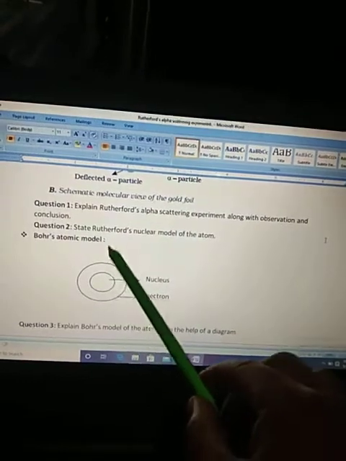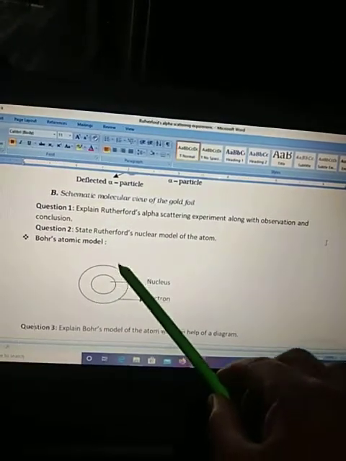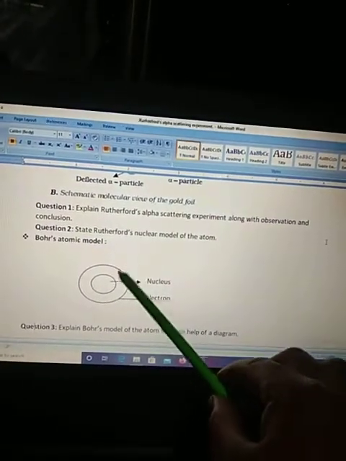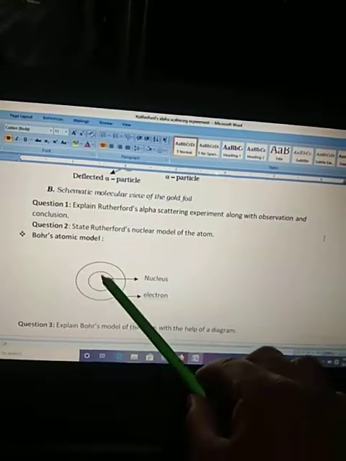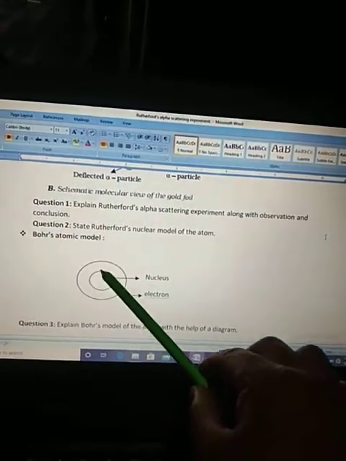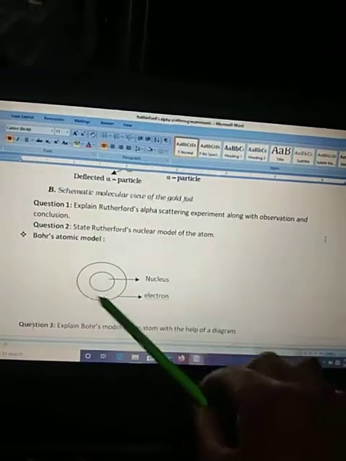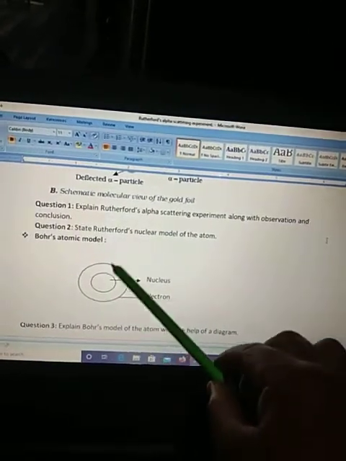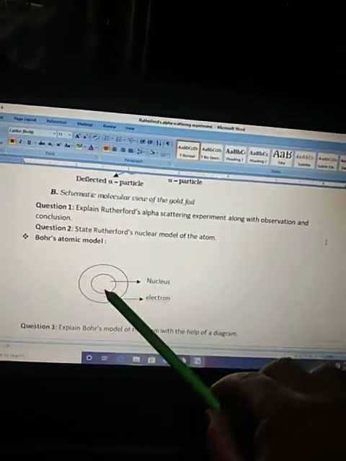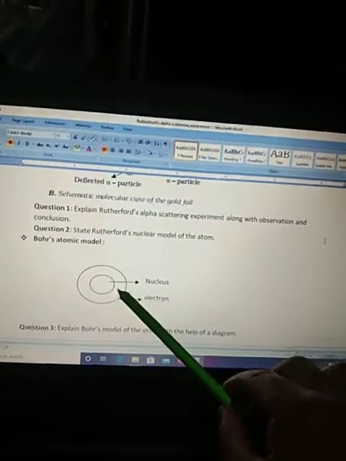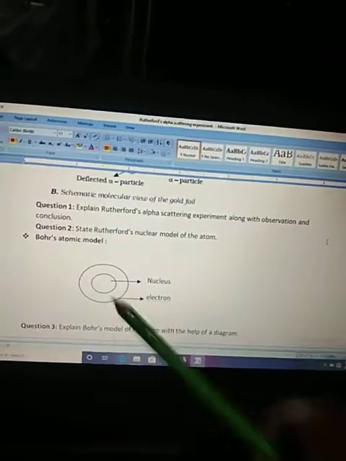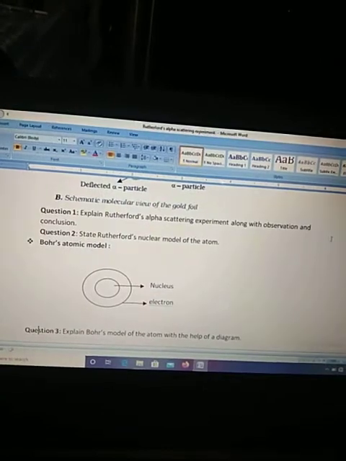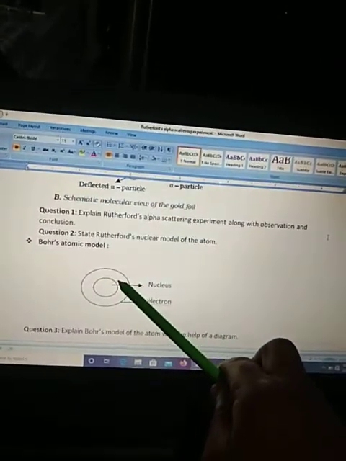and they are represented by the letters K, L, M, N. That means if this is the nucleus, the first orbit will be K, then comes L, then M, N, and it goes on. So that was his arrangement of orbits. Okay, he also proposed that each orbit has a certain fixed amount of energy.